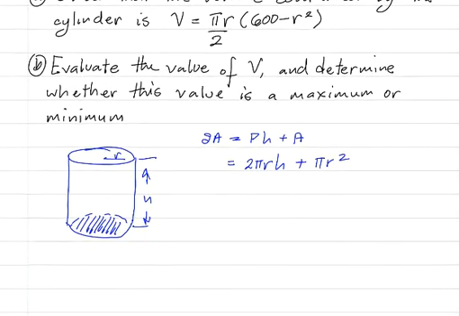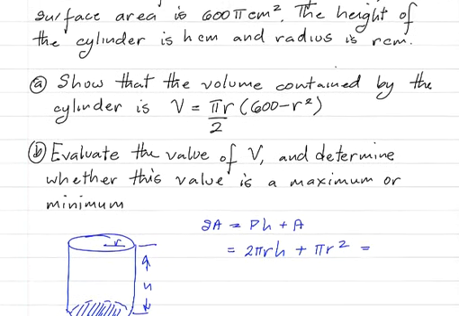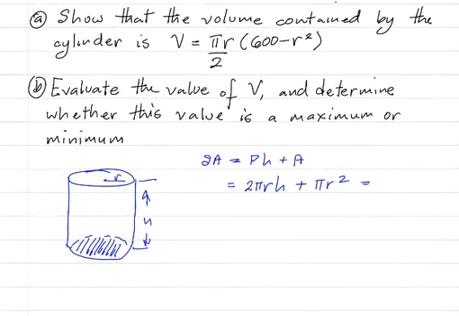Now, this we're told is equal to 600 pi. So let's divide the entire thing by pi.